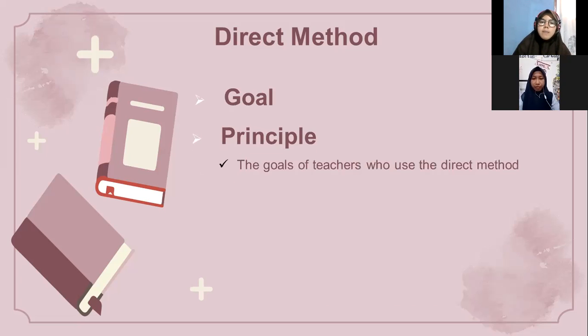The first principle is the goals of teachers who use the direct method. The teachers teach the students how to say, how to talk, even how to communicate with the target language.